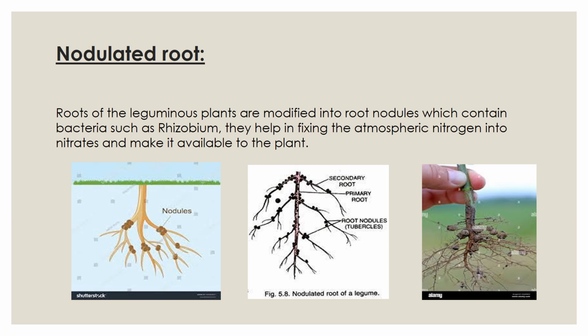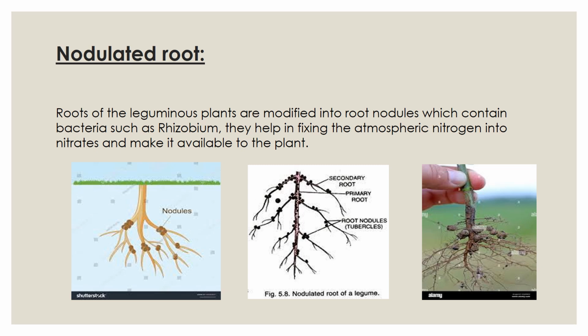There is a part called root nodules. These root nodules contain bacteria such as rhizobium, that helps to fix the atmospheric nitrogen into nitrate and make it available to the plant.